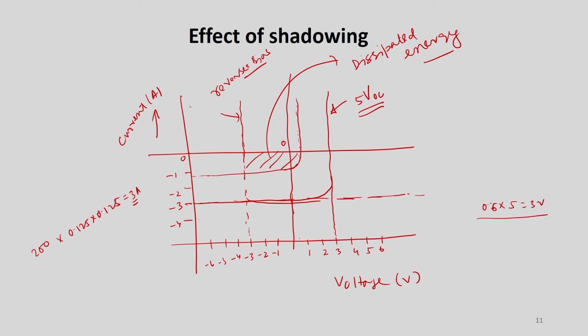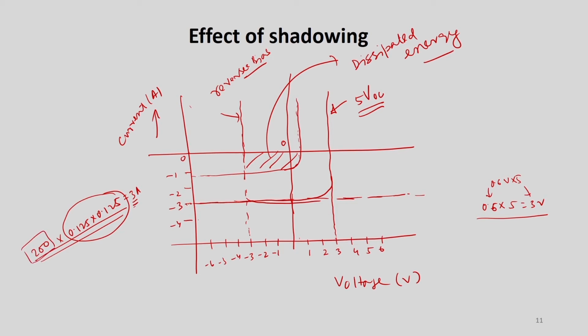Every cell has 0.6 volt of VOC, and then you have 5, so it will be 3 volt. So this is the 3 volt line, right, and then the current is 3, because if we take the area of a cell as 0.125 by 0.125, and then take current density as 200, it will be 3 ampere.